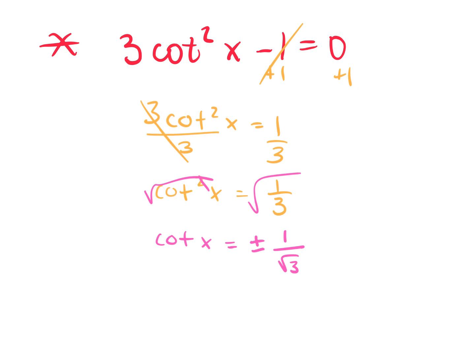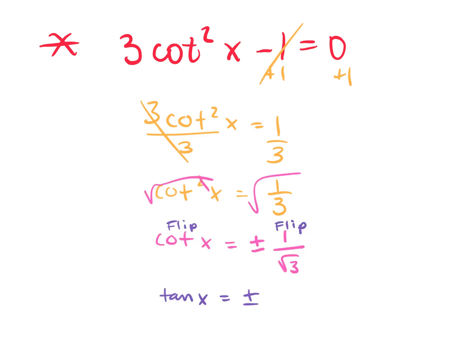Now cotangent isn't one of our 3 main trig functions, so what would we have to do? Take the reciprocal. So we're going to flip cotangent, and we're going to flip 1 over square root 3. So cotangent flips to be tangent.